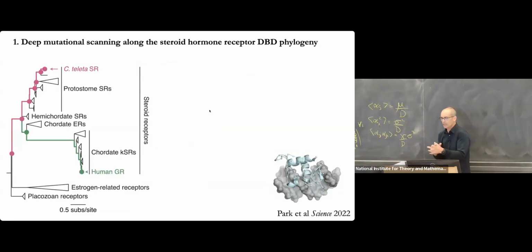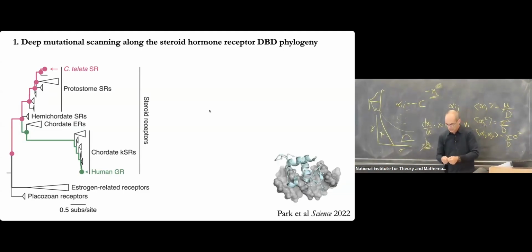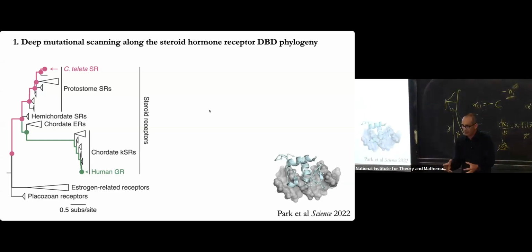Yeah. So the system that I'm going to talk to you about today is steroid hormone receptor DNA binding domains. These are transcription factors that have multiple domains. One is a ligand binding domain that recognizes hormones and, upon binding specific hormones, changes conformation and has the capacity to activate transcription.